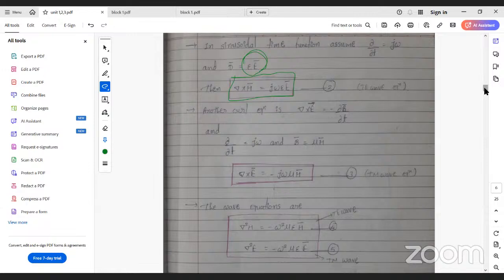We got del cross E, and we got del cross H.